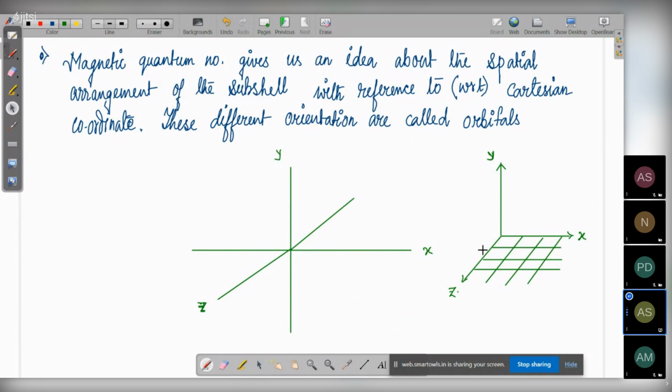But yes, this is how x, y and z work. The floor is a very good example for understanding three-dimensional geometry, the three-dimensional Cartesian coordinate. Obviously this is the positive side. If you want to make the negative side, you just extend this line this much.